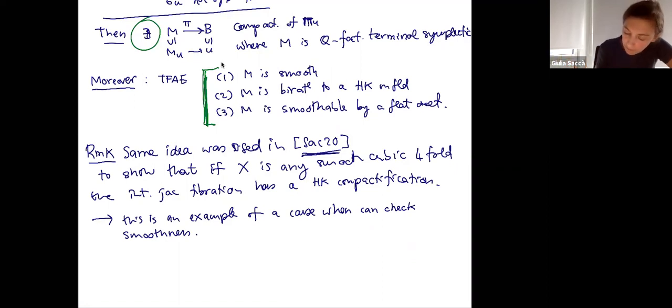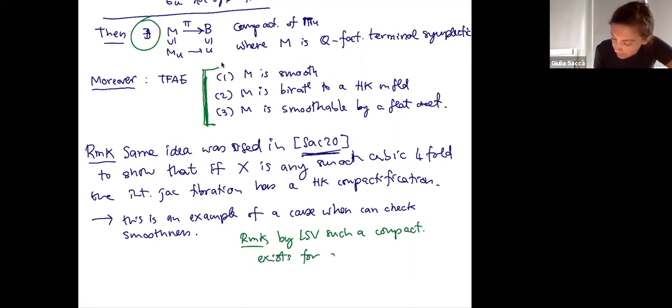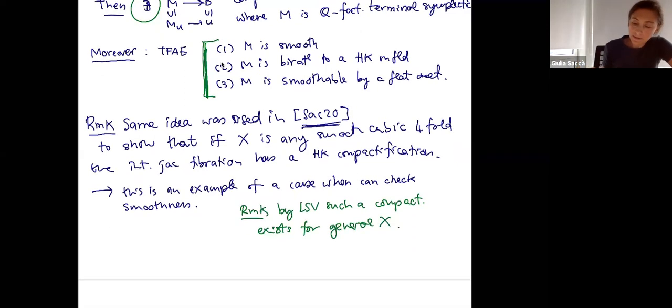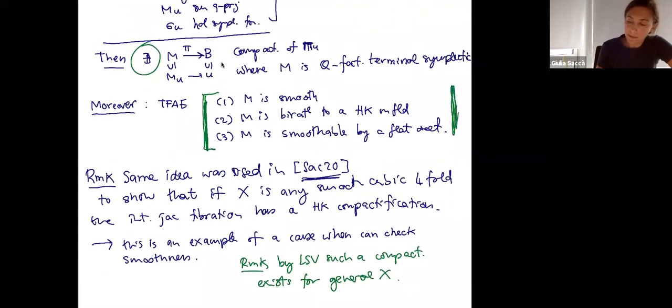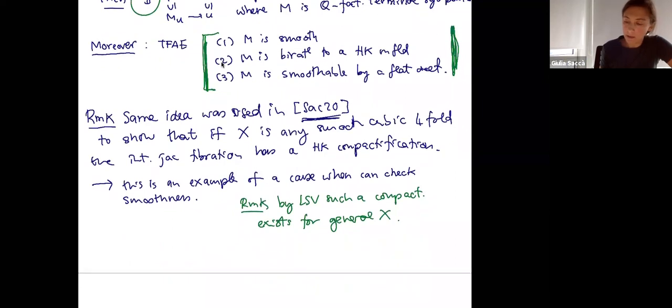And here I should remark, of course, that it was known by LSV that such a compactification exists for general X. And so in the sketch of proof that I'm going to give, just to show how to use a theorem like this, I in fact use the fact that I know the compactification exists for general X.